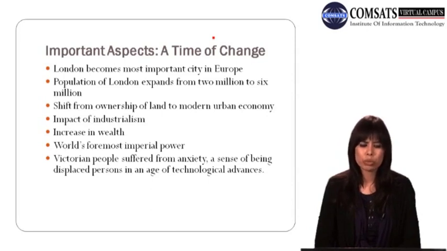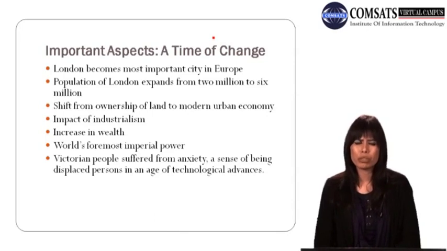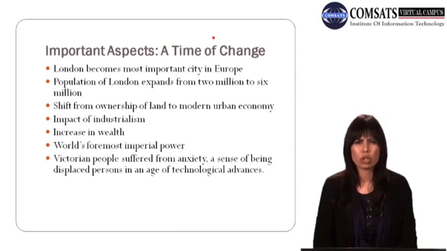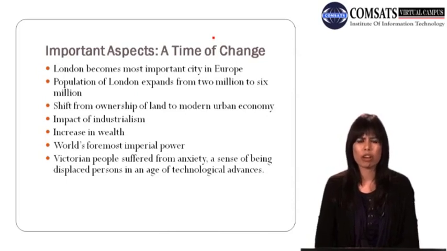You can see the world's foremost imperial power during that era. Plus, Victorian people suffered from anxiety and some other psychological problems during that era. I'll tell you, through different novels, the depiction of different characters. You can see the elements of anxiety and psychological illness in their personalities, in the novels and other writings.